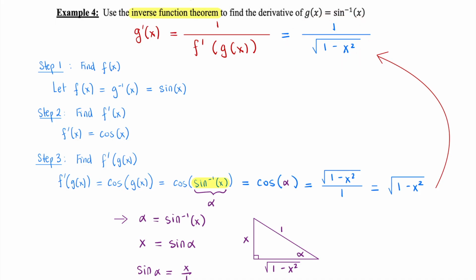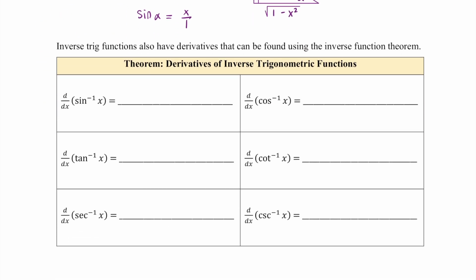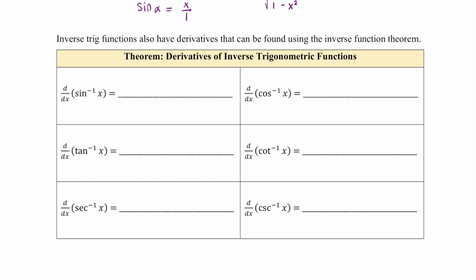Now, instead of doing this full process every time, we summarize the results in a table. The derivative of sine inverse of x is 1 over the square root of 1 minus x squared. The derivative of cosine inverse of x is negative 1 over square root of 1 minus x squared.